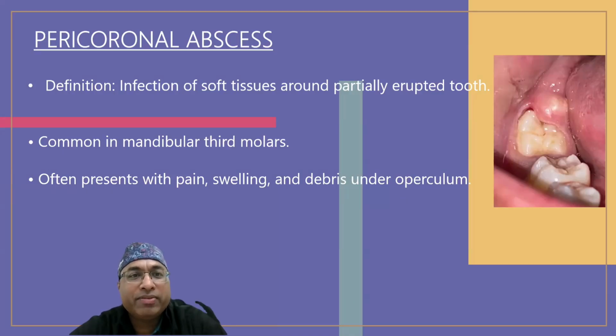Pericoronal abscess is defined as infection of soft tissues around a partially erupted tooth. It is most commonly observed in case of partially erupted mandibular third molars, although it can be associated with any other partially erupted tooth. It normally presents with features like pain, swelling, and debris under the pericoronal flap that surrounds the partially erupted tooth, known as operculum.